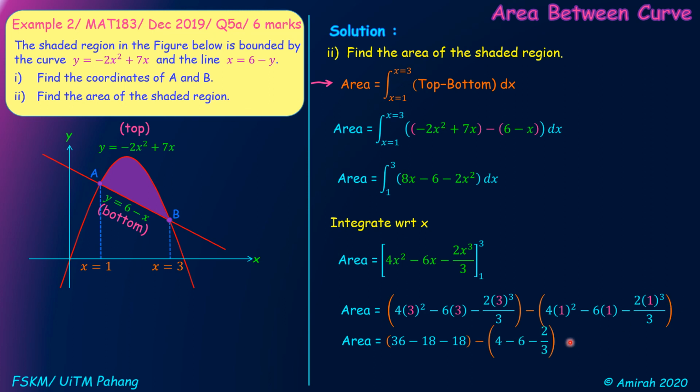Then we simplify, and the final answer is area equals 8 over 3 units squared. Area is always a positive value. So if we get a negative value, there is something wrong in our integration or when we set up the formula.